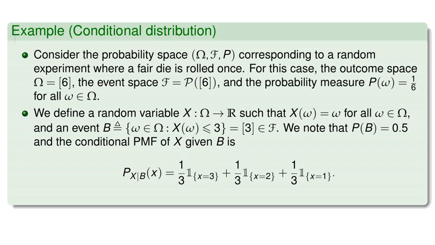We can see that the probability of B is 3/6 or 1/2. The conditional probability mass function of x given B, p sub x given B of x, is then 1/3 if x is 1, 1/3 if x is 2, and 1/3 if x is 3, and 0 otherwise.